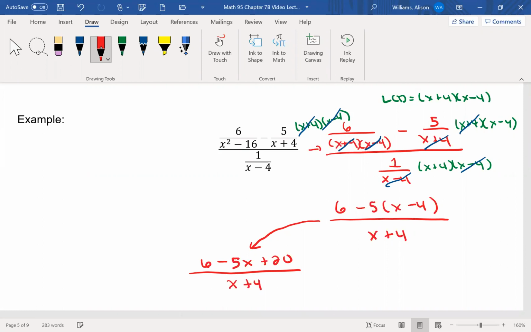The 6 and the 20 add up to be 26. And that doesn't factor. We can't pull out a GCF or anything, so that is the answer.